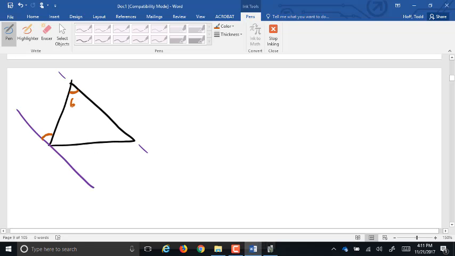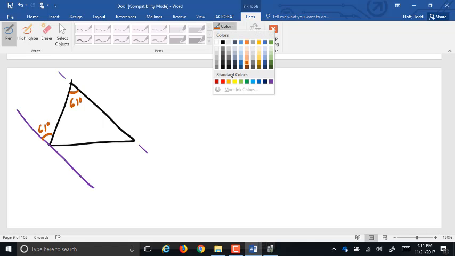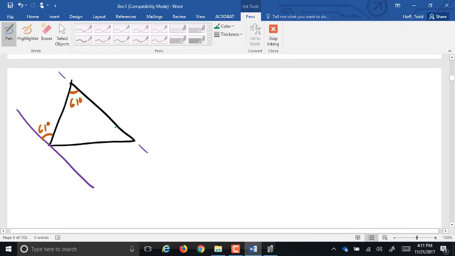So if I tell you that this is 61 degrees, that one's 61 degrees. I also know that those two angles have to be the same. Let's say this is 58 degrees. Those are both 58 degrees.